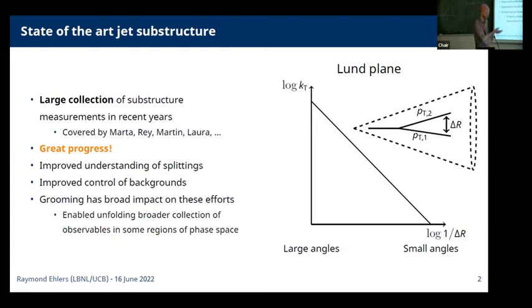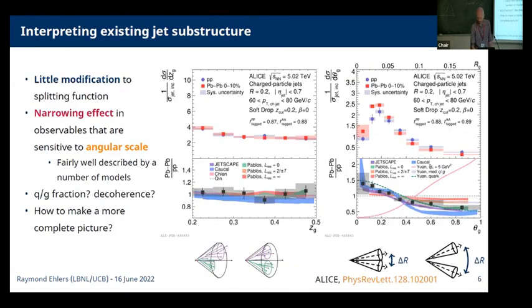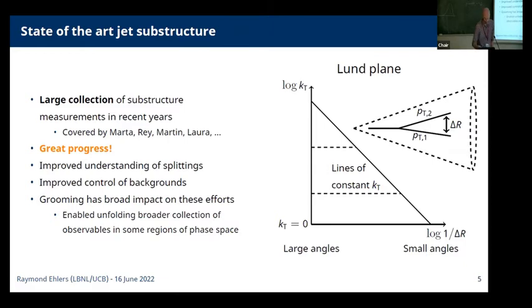We've now seen this so many times. We can have our constant values and our delta R, our z, or kT. We can make these different selections, and by doing this, we can move around our splitting phase space.